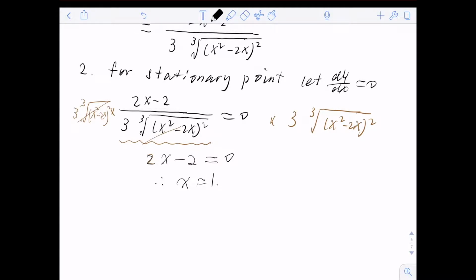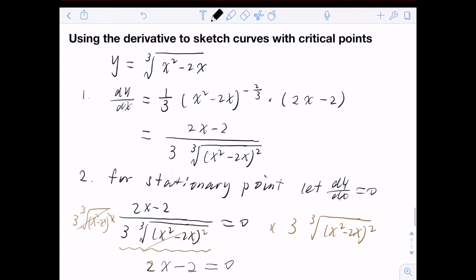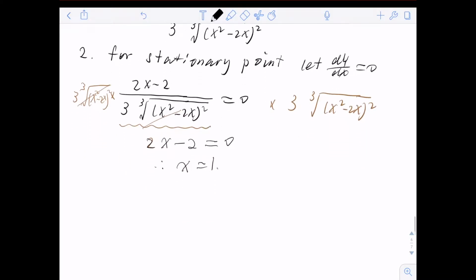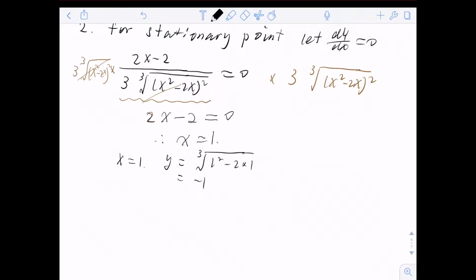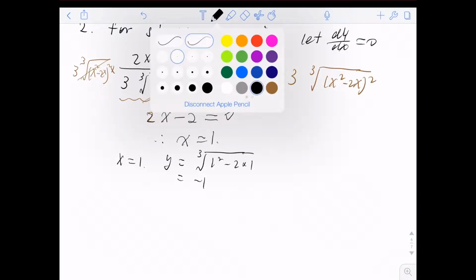And I'm going to sub x equals 1 back into my y to get my y value. So when x equals 1, y equals the cubic root of 1 squared minus 2 times 1, which gives me negative 1. So therefore, I found my stationary point.